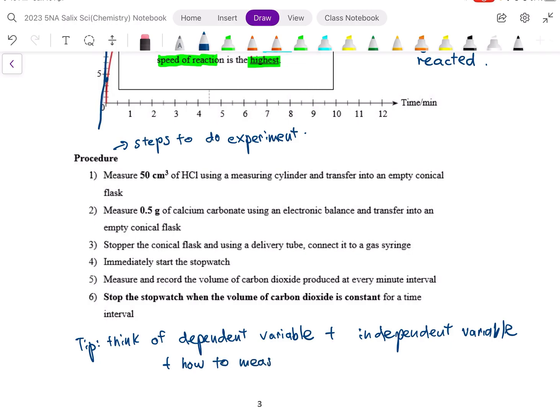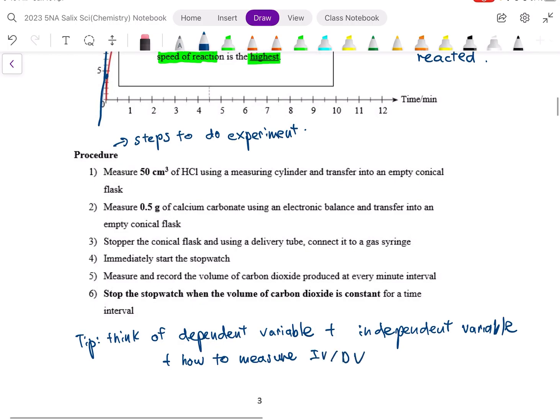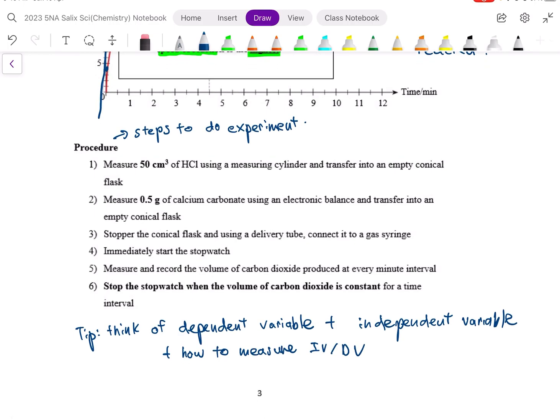As in how to measure them, think of the apparatus to measure the independent variable and the dependent variable.